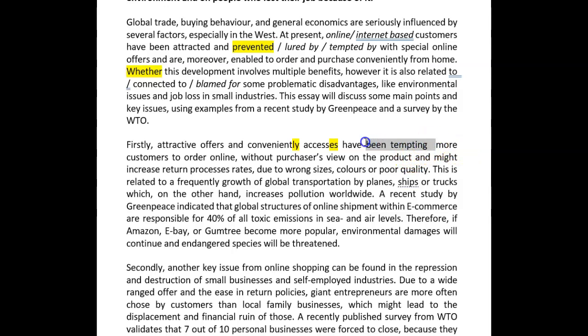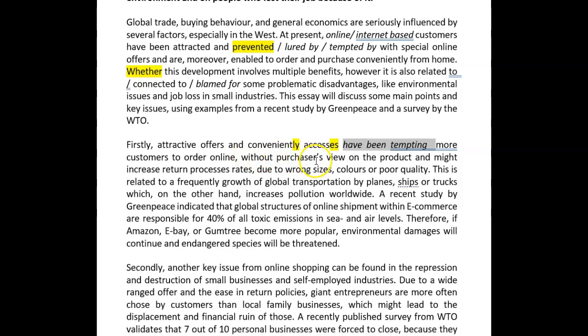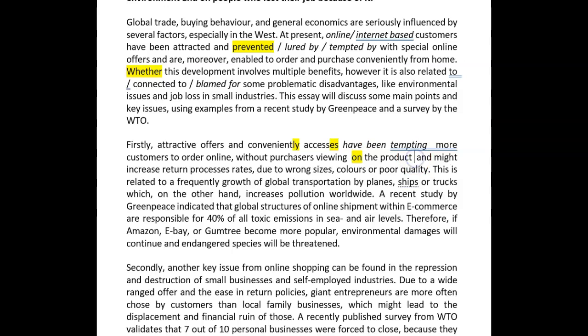You're stressing this idea of continuous. More customers to order online without purchasers' views on the product. Purchasers viewing. So it's plural, purchasers, and viewing the product in person.